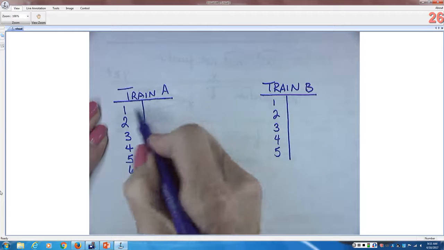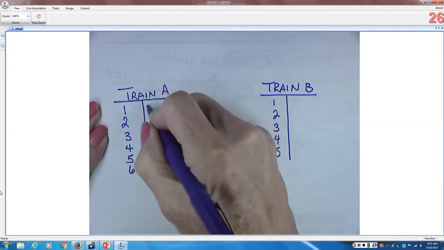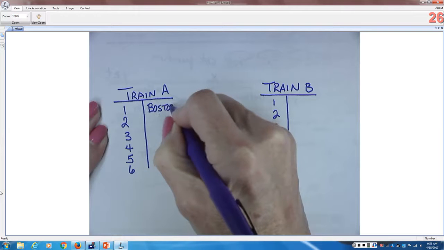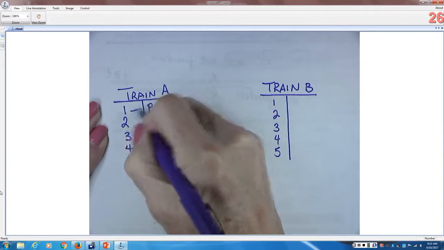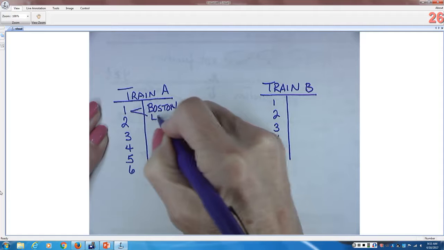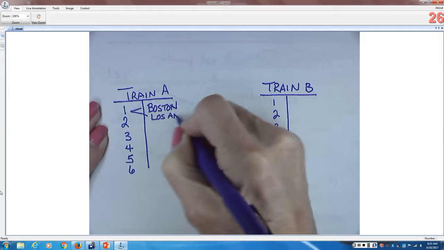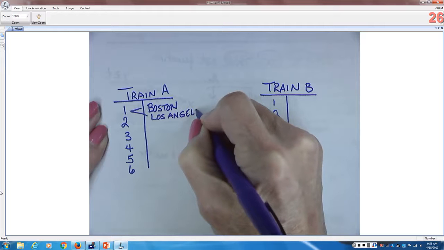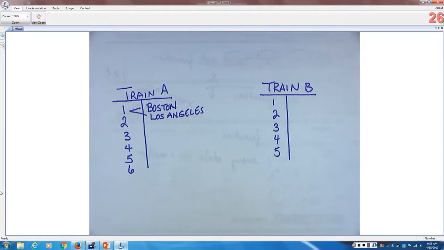Can train A go to both Boston and Los Angeles? No. And the answer is no. Okay?